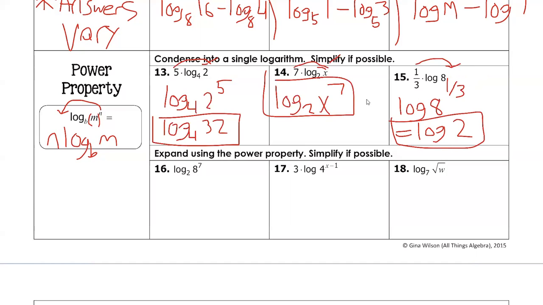And then to expand, similar idea, you just take your power and bring it in front. So basically the reverse of what we just did. This would be 7 log base 2 of 8. If you have more going on in your power, like this x minus 1, you take the whole thing and multiply it by this 3.